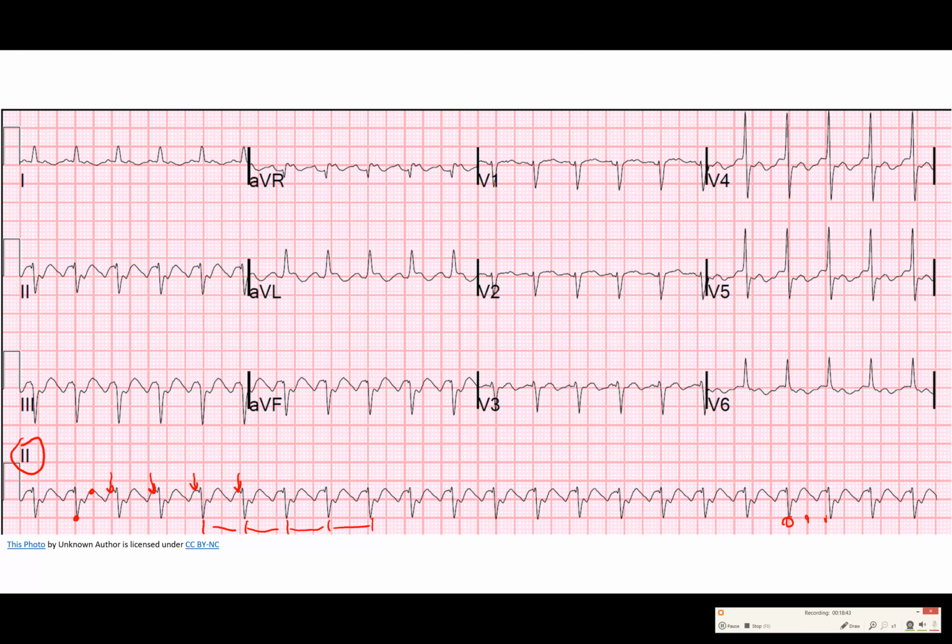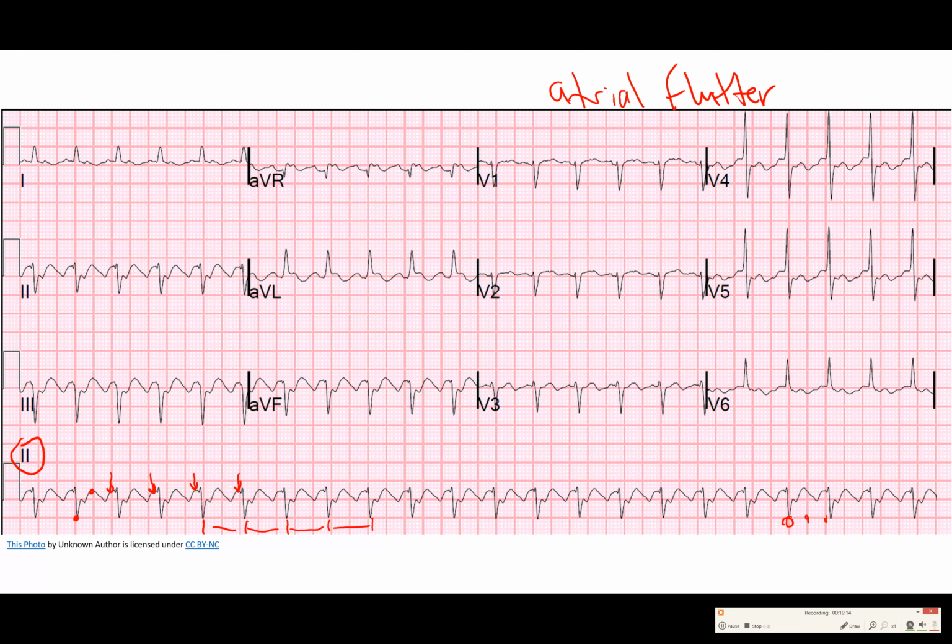When you've got a tachycardia, a fast rhythm that's very regular with questionable P waves and almost exactly 150, you should think atrial flutter. And that's actually what we have here. This is an instance where the SA node is sending out an electrical signal way faster than it should, and only some of those are getting through to the ventricles.